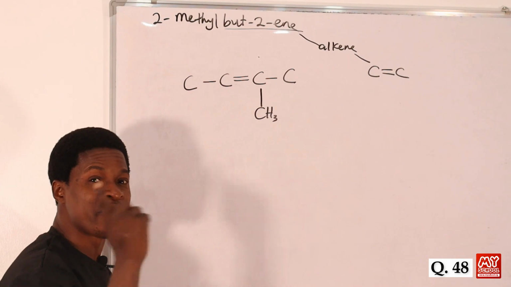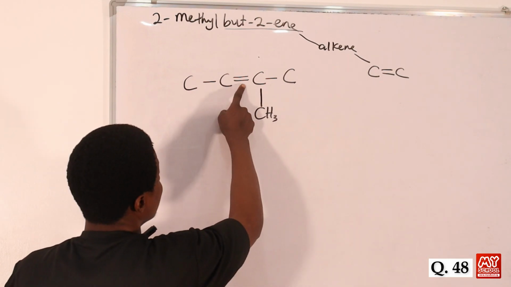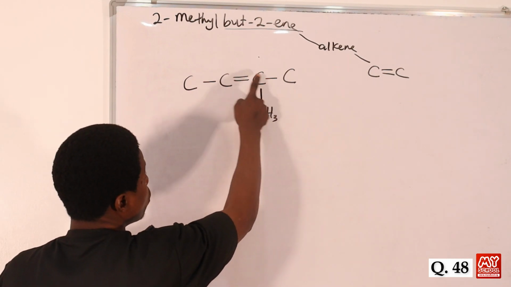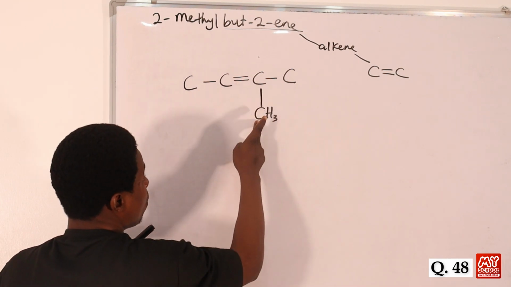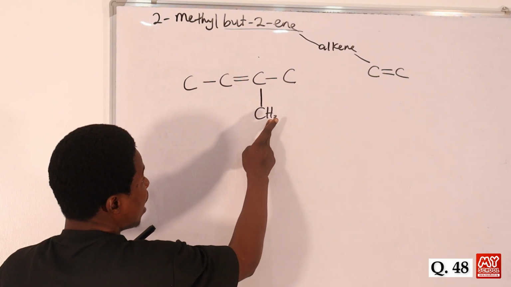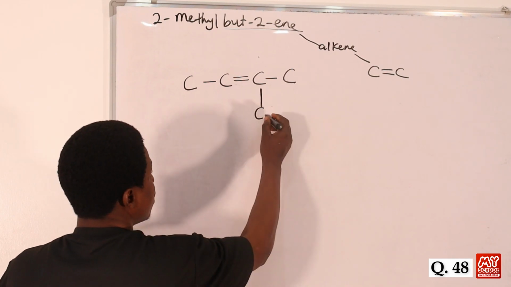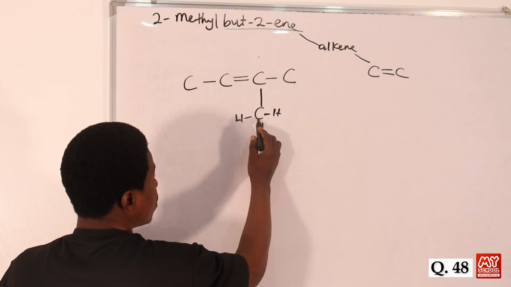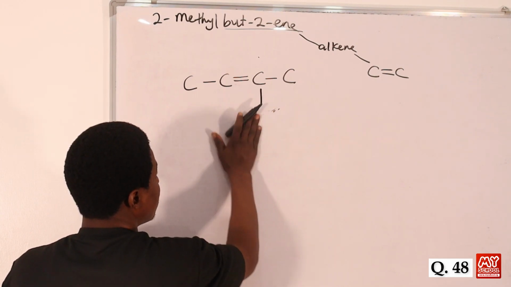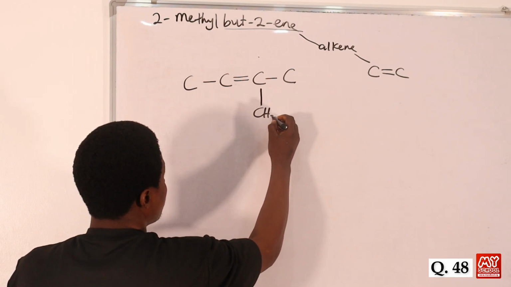Carbon must not take more than 4 bonds. Look at this carbon here: 1, 2, this carbon has 1, 2, 3, 4. That's satisfied. This carbon atom has 3 hydrogens; if you expand this it would have been 1, 2, 3, so this is 1, 2, 3, 4. So this is also certified. So we have CH3 here. Let's look at the other ones.